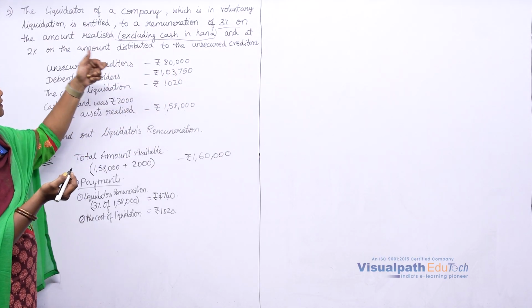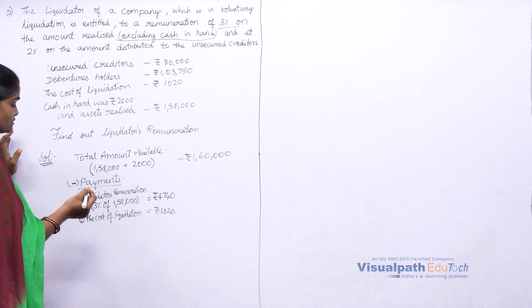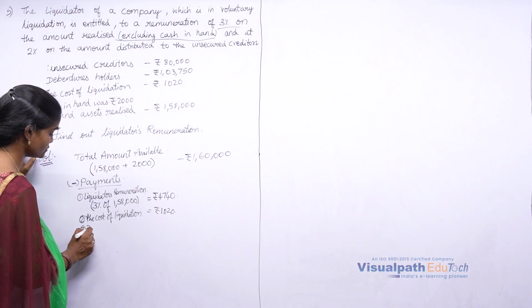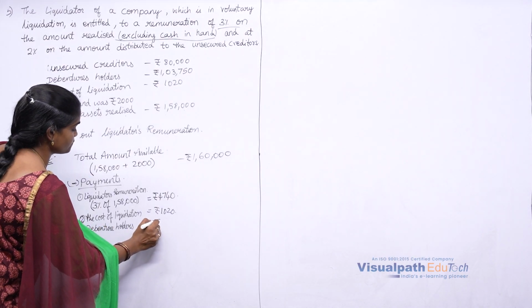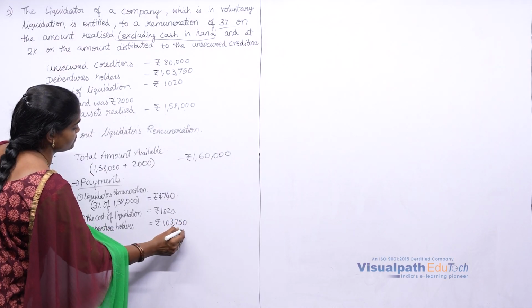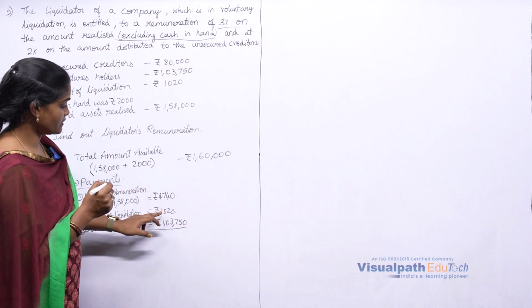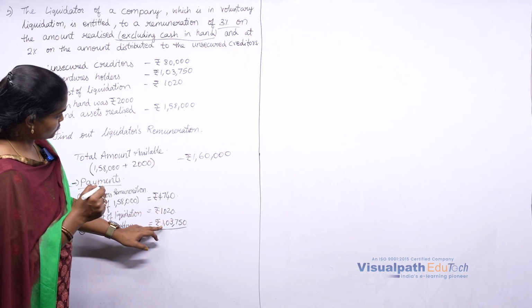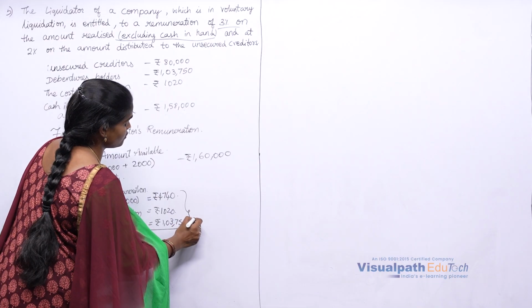Later, in the final step only, we will check unsecured creditors. Now, add these three: 4,740 plus 1,020 plus 1,03,750.